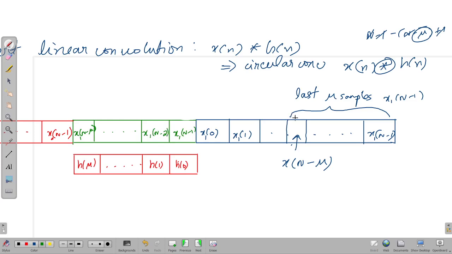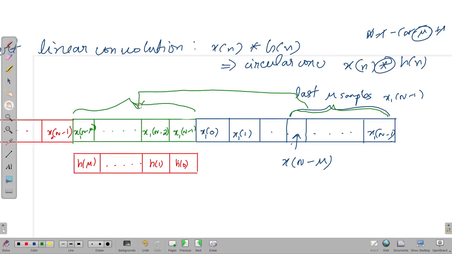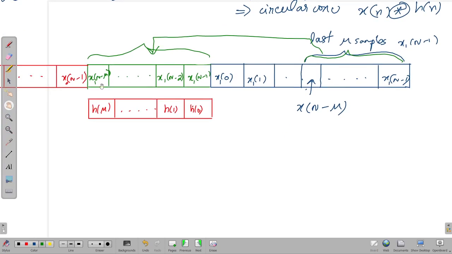What I've done is I've placed these last mu samples here. I had mu sample points here, and I've placed the last mu samples here. And I will see how this channel converts this linear convolution into a circular convolution. So how does the channel do that?